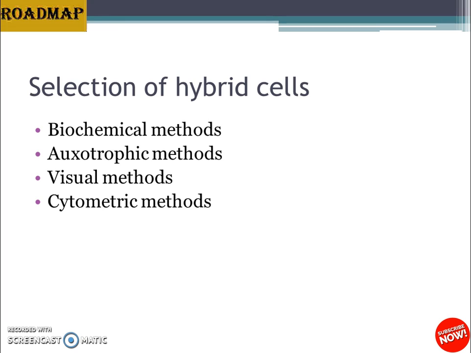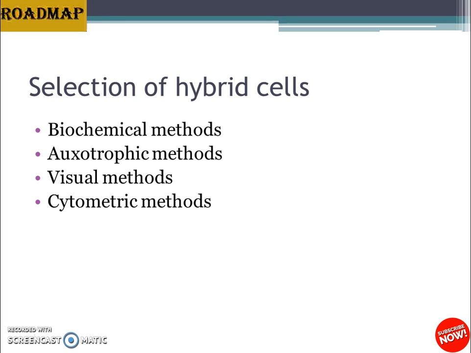This facilitates the visual identification of the heterokaryon under the light microscope, as the heterokaryons are bigger and green in color, while the parental protoplasts are either small or colorless. The identification of these heterokaryons has to be carried out to develop the specific hybrid plant.